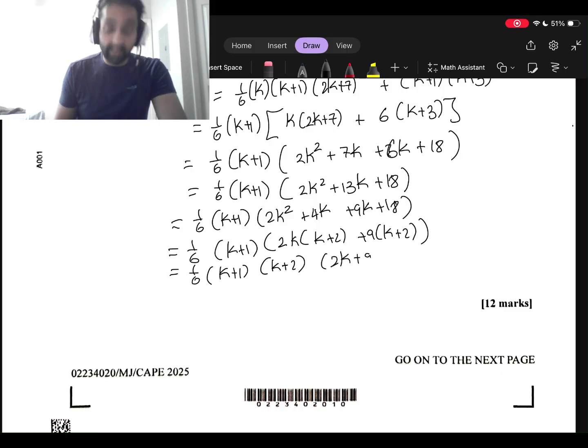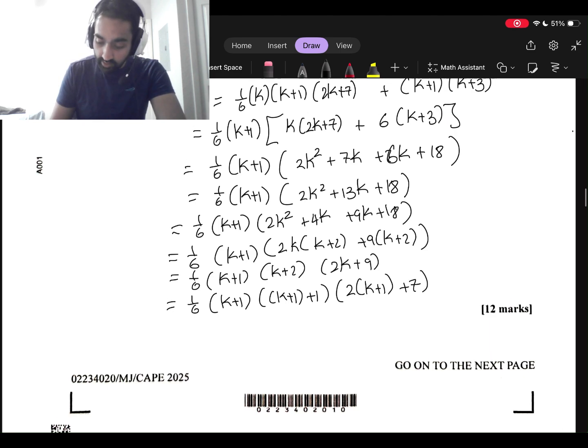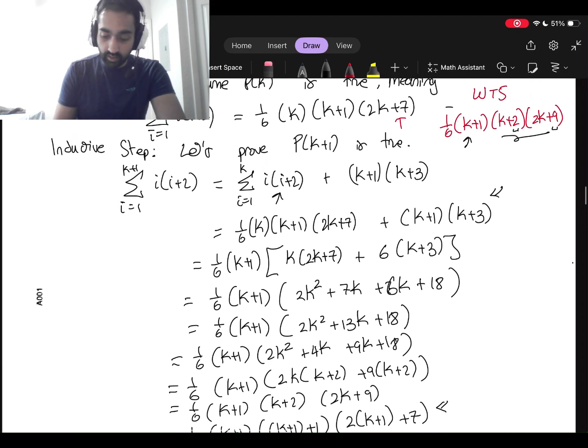The last thing I would do, to make it really clear that this is the thing with k plus 1, is write it as 1/6 k plus 1. And then here I'll put k plus 1 plus 1, and then here I'll put 2 in brackets k plus 1 plus 7. That's the exact same thing, but it makes it really clear that this is the same thing as the right-hand side for k, but instead of k, you put k plus 1.